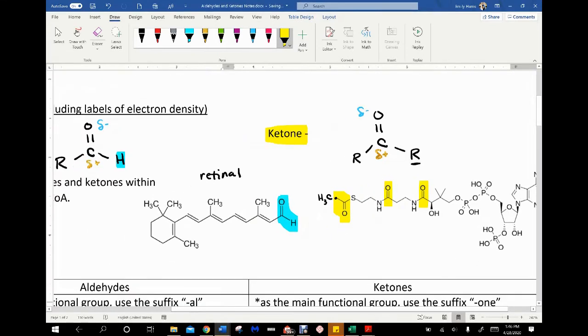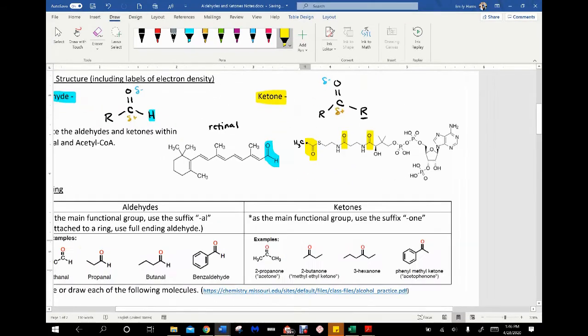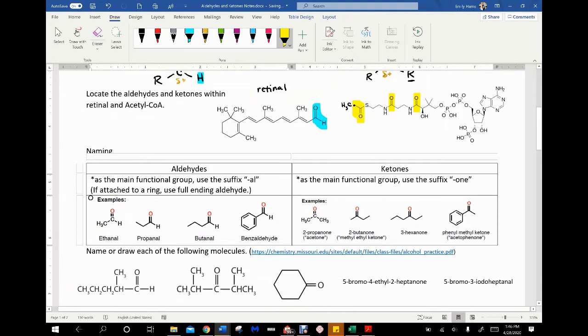All right. So now that we have talked about recognizing them, let's practice a little bit of overview on the naming side. So aldehydes, when they are the main functional group, the ending or the suffix is going to change to al, all right? If, however, they're attached to a ring, you'll use the full ending of aldehyde.